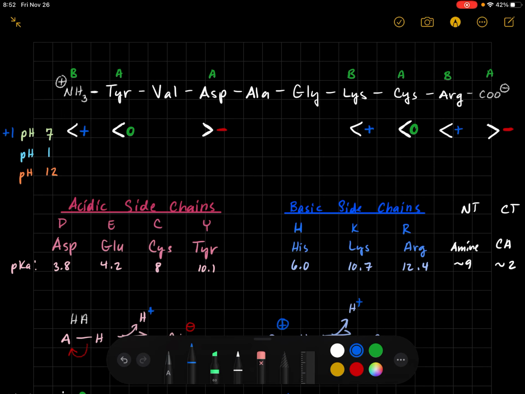Let's do the same calculation at a pH of 1. So at a pH of 1, this is at the extremes of pH. Pretty much every single group is going to have a pKa that is greater than this pH. And therefore, all of them will be protonated.